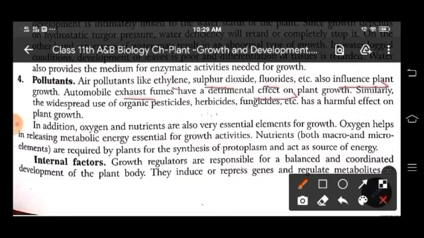In addition to all these external factors, oxygen and nutrients also play a very important role in growth. Oxygen helps in releasing metabolic energy, which is essential for growth activities. Nutrients are required by plants for the synthesis of protoplasm and act as a source of energy.